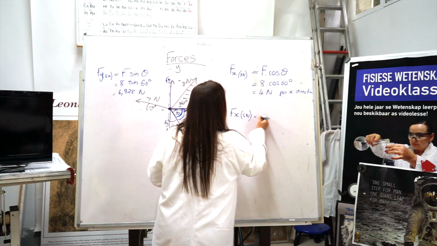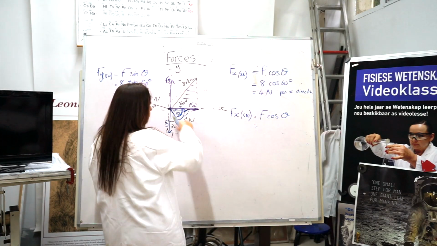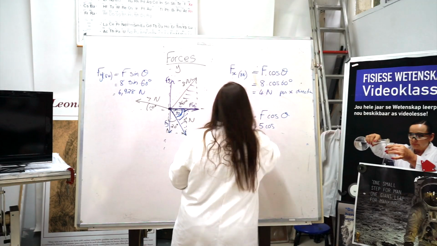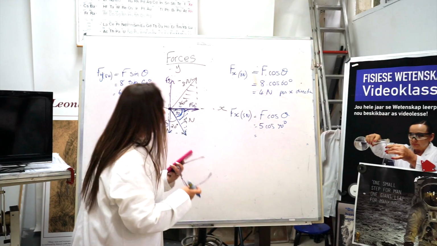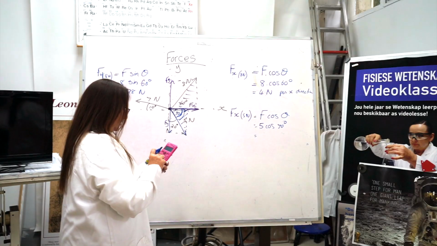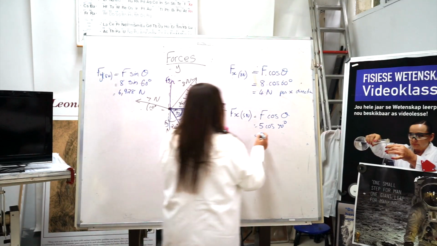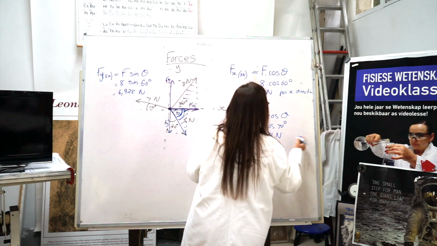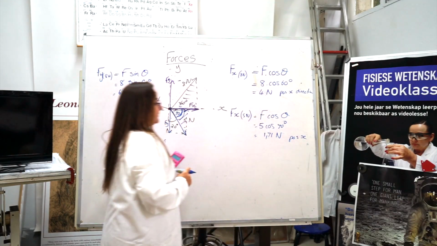Okay, so it's going to be F cos theta. What is the magnitude of F? It's 5 Newtons, cos, and we worked it out, 70 degrees, which would give me 5 times cos 70, and it gives me 1.71 Newton, again in the positive x direction.